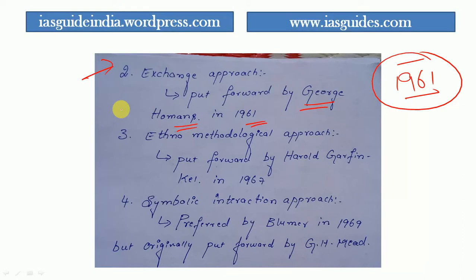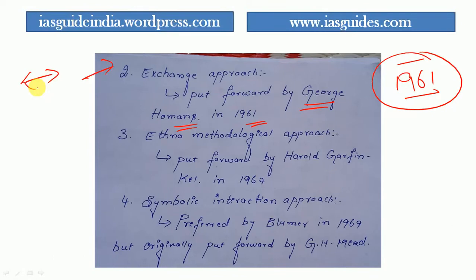That is known as exchange. Controlling another's behavior is known as the exchange approach. How do people control another's behavior? Definitely by exchanging various forms of rewards and punishment for approved as well as disapproved behavior. That is the exchange approach.